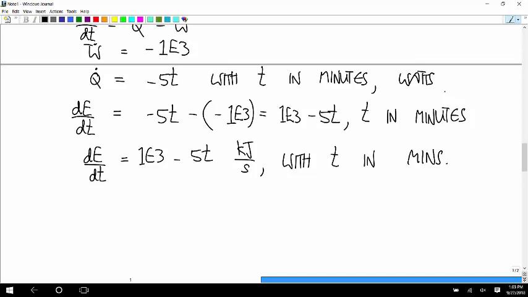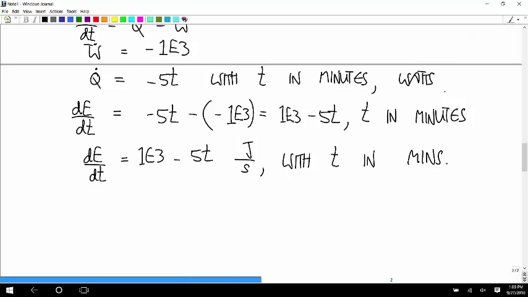And so now this is in joules per second. If we want to integrate this with respect to time and get joules out, we need to convert this time to seconds. So I'll rewrite this as the E dot is equal to 1 times 10 to the third minus, divide this by 60 to get time in seconds, and you get t over 12.